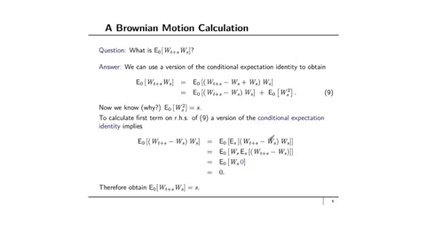So let's do a calculation with Brownian motion. We probably won't use this calculation during the course, but there's no problem in doing such a calculation, and it helps improve our intuition of what's going on with the Brownian motion. So let's compute the expected value at time 0, conditional on time 0 information, of W(t+s) times W(s). Well, we can use a version of the conditional expectation identity to obtain the following. W(t+s) I can rewrite as W(t+s) minus W(s) plus W(s).